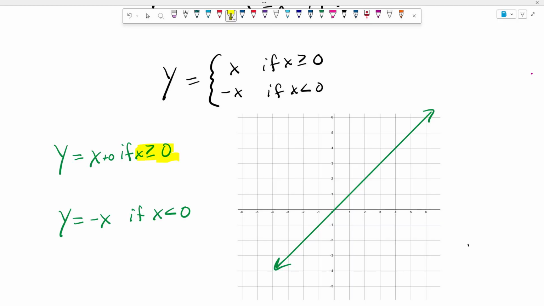So we have to erase everything to the left of 0 here. So we erase all this.